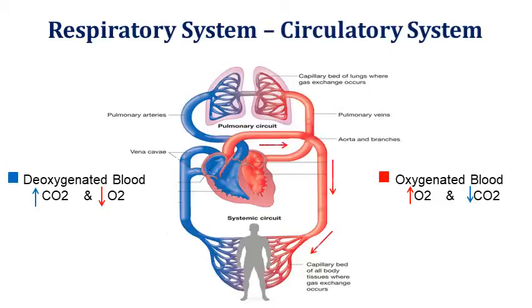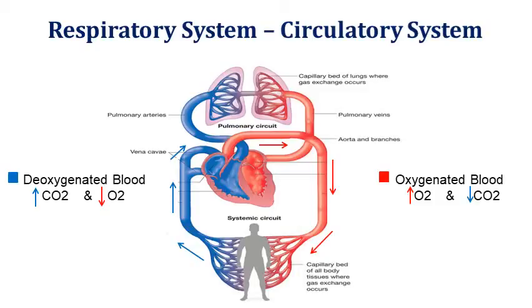So the oxygen from blood enters the cell and the cell gives the waste, that is carbon dioxide, to the blood, and then this deoxygenated blood, which is rich in carbon dioxide whereas less oxygen is available, is delivered to the heart again.